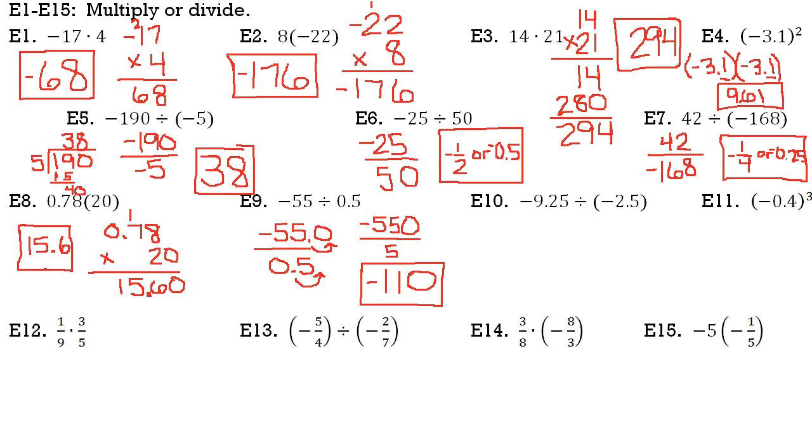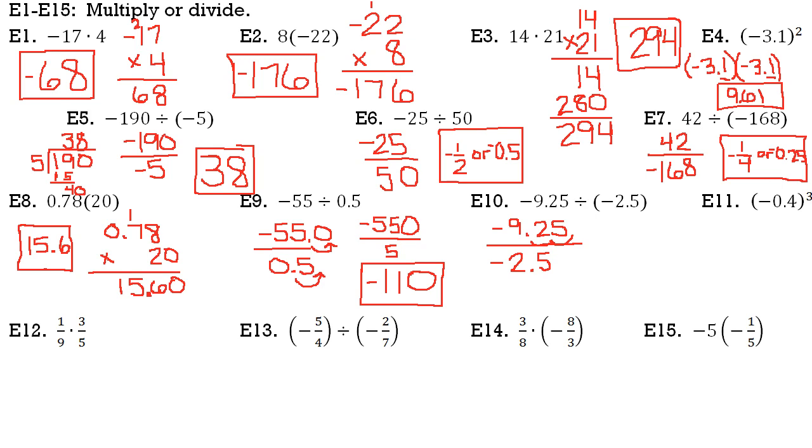Let's try that with example number 10 so you can see what I'm getting at here. This time around, though, I am going to move the decimal another spot here as well. Let's see, negative 9.25 divided by negative 2.5. Now, you've got so many different ways to approach this.